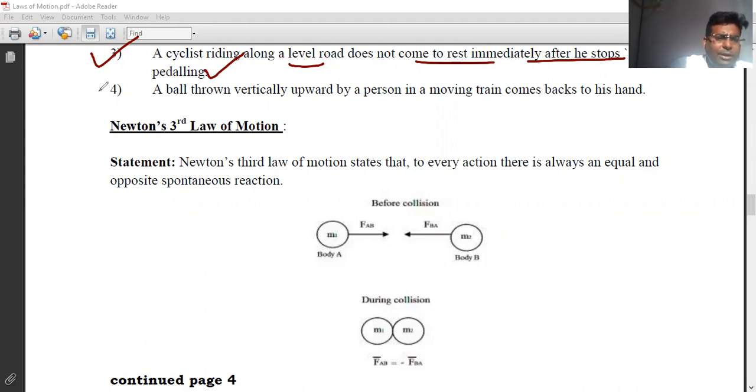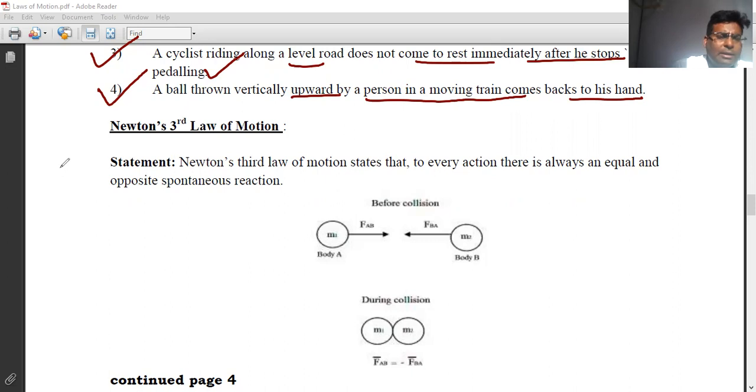That's why. Next example is a ball thrown vertically upward by a person in a moving train comes back to his hand. That is also an example of inertia of motion, because when we are throwing it upward, the ball is also moving forward with the same velocity as well as upward.